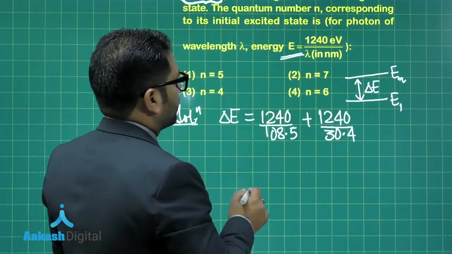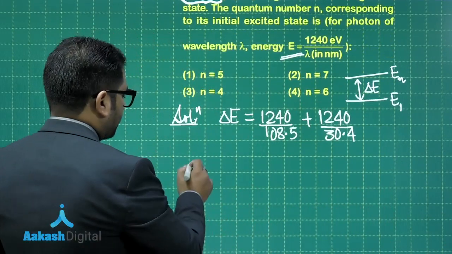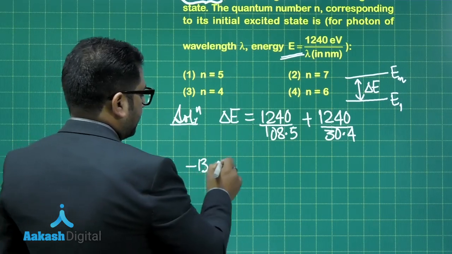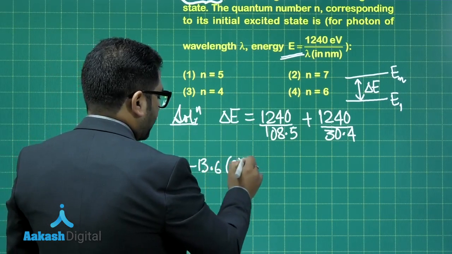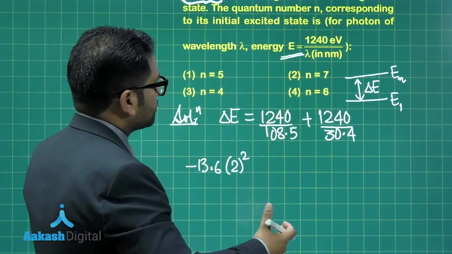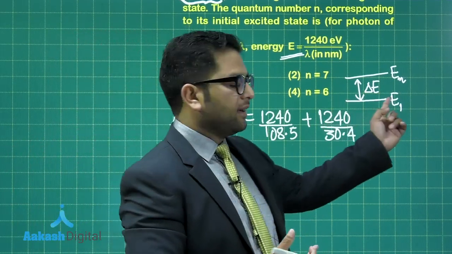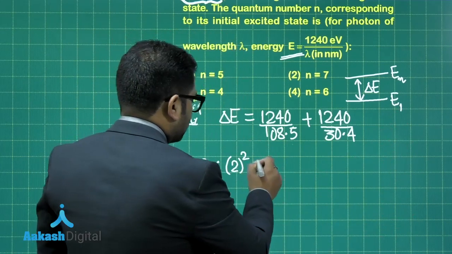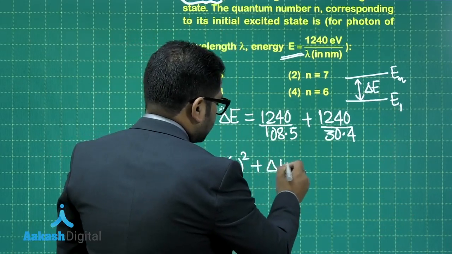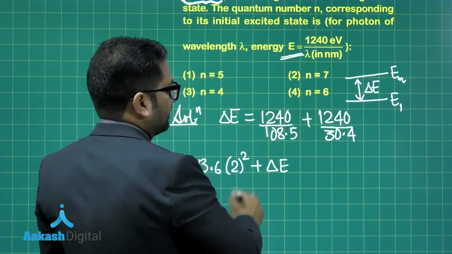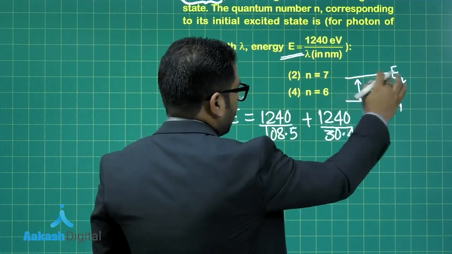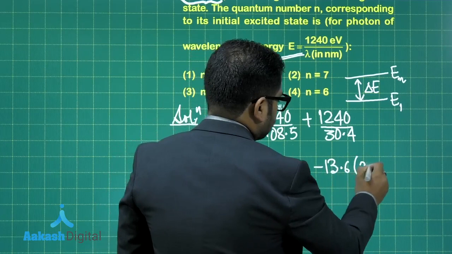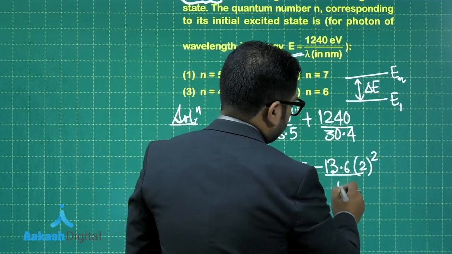So what you can write is, minus 13.6 into Z square divided by n square, n is 1, will give me the energy of the first state, plus delta E, the energy gap that I have calculated, will lead me to the nth state, and that is minus 13.6 Z square divided by n square.